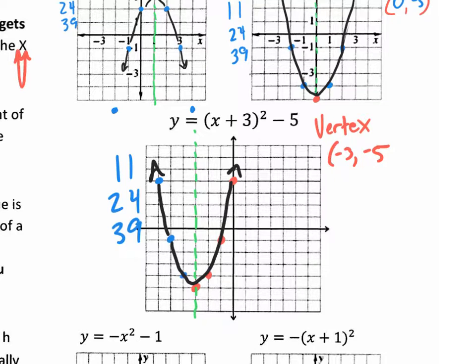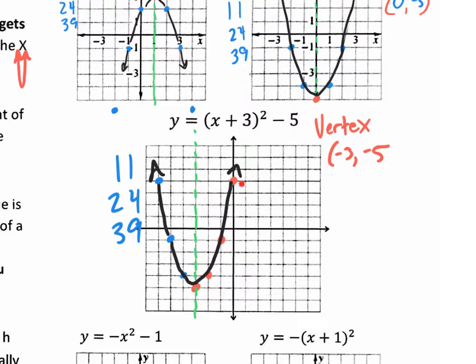Now, let's compare this guy to the original parent graph y equals x squared. The original parent graph y equals x squared has a vertex at 0, 0, and it has that pattern of 1, 1, 2, 4, 3, 9. So you'd have that perfect U-shaped curve right through the origin, with a vertex at the origin 0, 0.